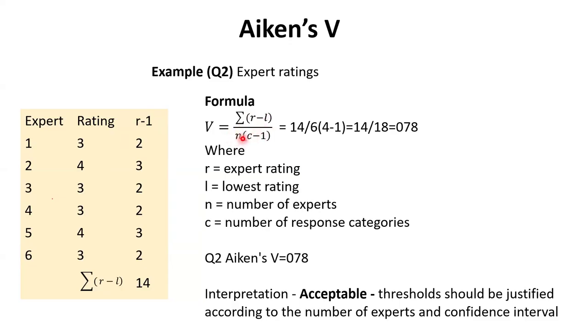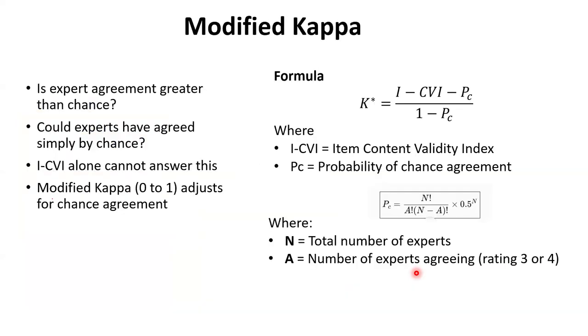The number of experts multiplied by the number of response categories, which is 4 response categories, minus 1. And when you do your calculations, you get your value as 0.78. So if you look at the table, you will see that this is an acceptable threshold. So when you look at the granularity, when you are retaining the 4-point scale, still you will see that question number 1 is acceptable. So this is a little different because instead of binary, you are retaining the 4-point scale.